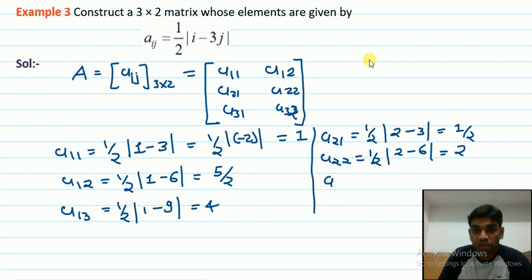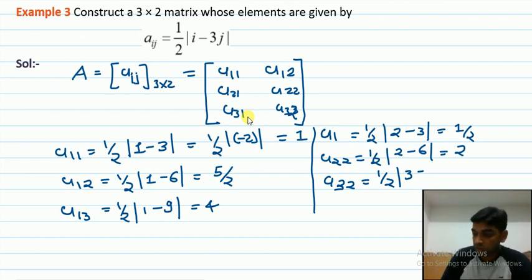I'm going somewhat fast, and this is a32, that is again 1 by 2, 3 minus... wait, I have got one error. This is a12, sorry. I had already taken a11, a12, so why have I taken a13? Sorry, just by mistake I have taken all this.